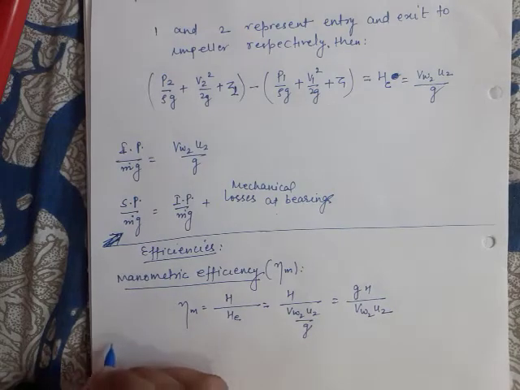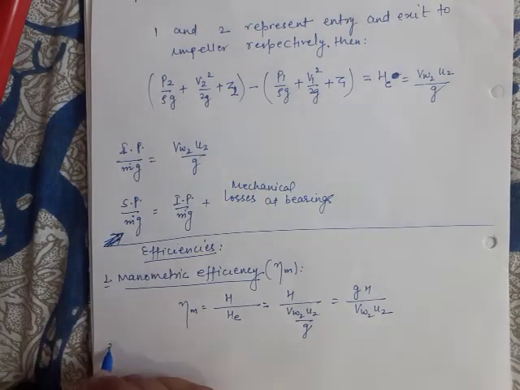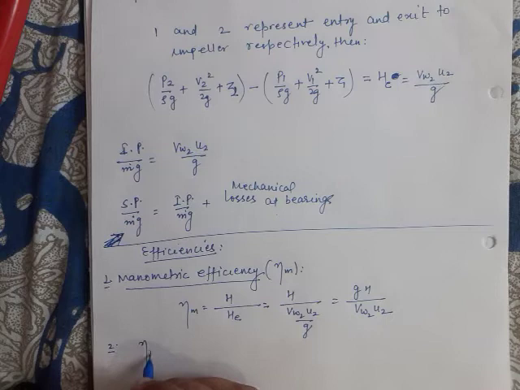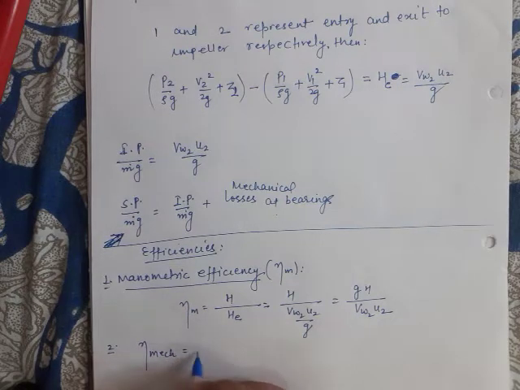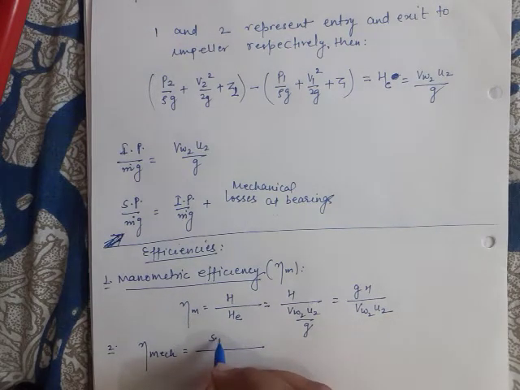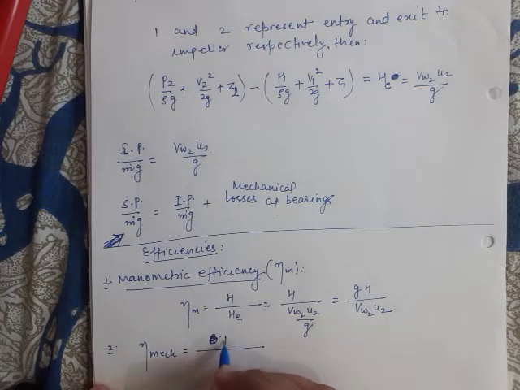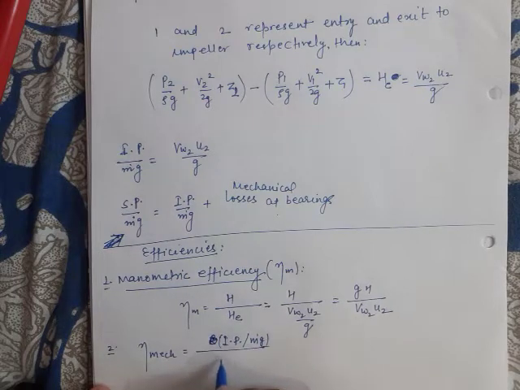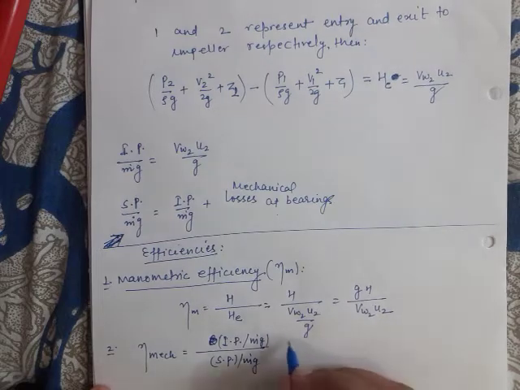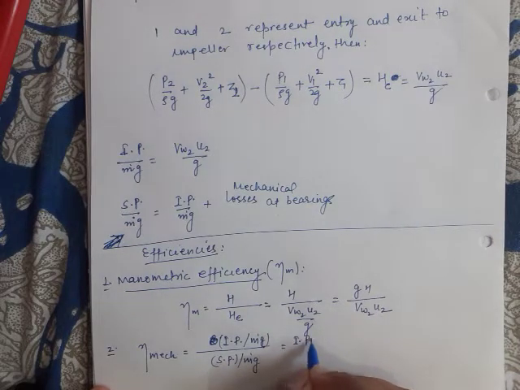Next, the first is manometric efficiency, second is mechanical efficiency, eta mech. Mechanical efficiency is very easy. It is the impeller power per unit weight of water striking per second divided by shaft power per unit weight of water striking per second, or you can simply write it is IP upon SP, impeller power upon shaft power.